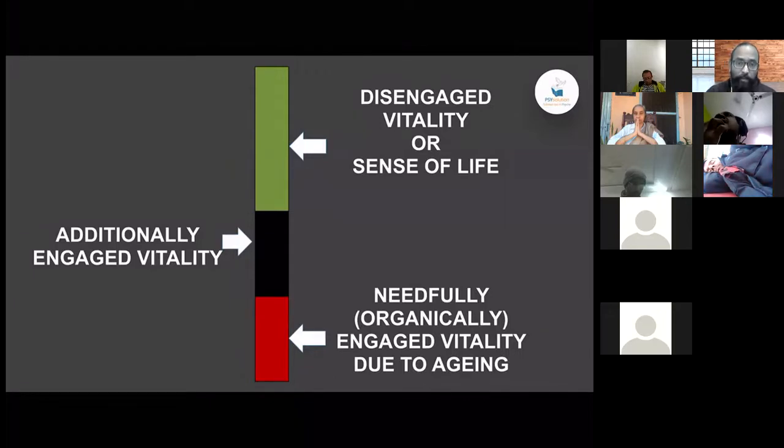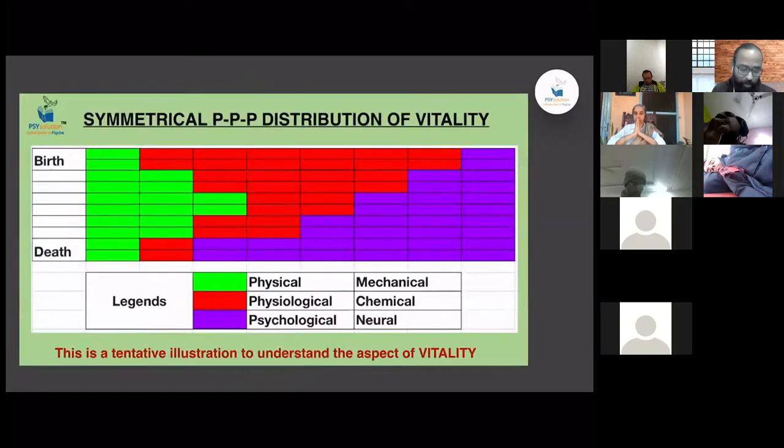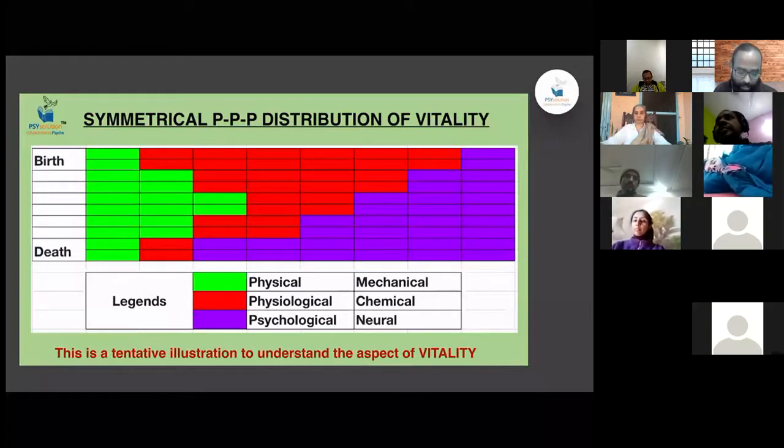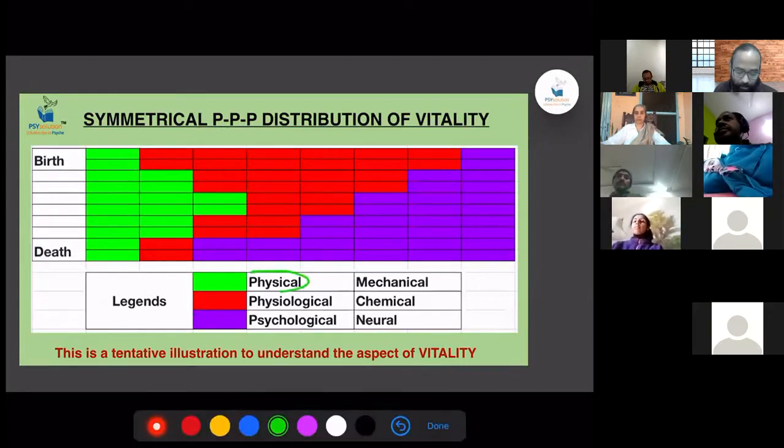So just this last point I would like to touch upon, then I'll take the questions. The symmetric distribution, this is again a tentative illustration, from birth to death. See, this particular slide I would like to explain. The green is the physical aspect, the red is the physiological aspect, and the violet is the psychological aspect.